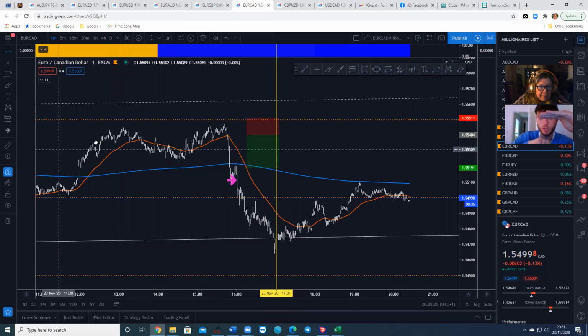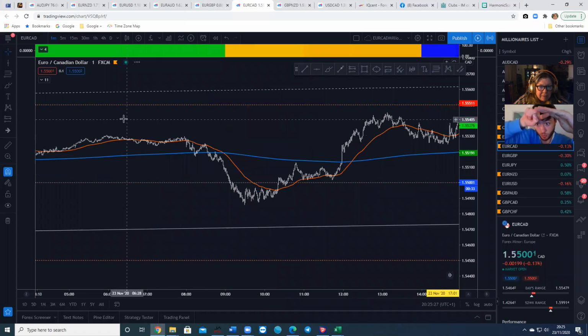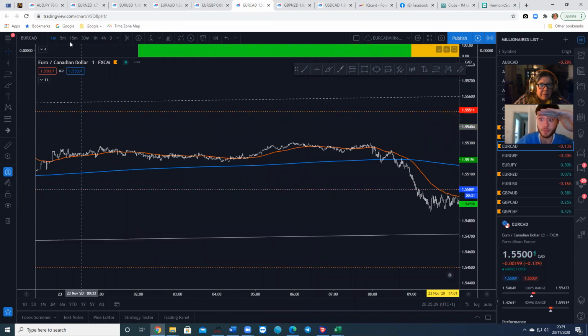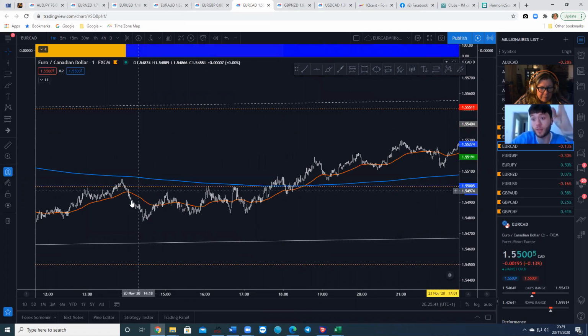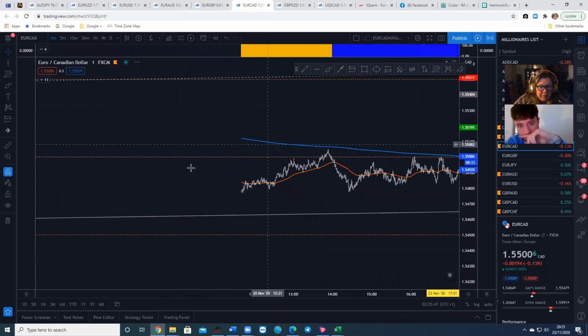Would you want it to go through the quarter theory, reject off the pitchfork, and then come down? Yes. So even if it means it's got to go through the quarter theory to touch the pitchfork, you want that, yeah? Yes. Okay. Right.